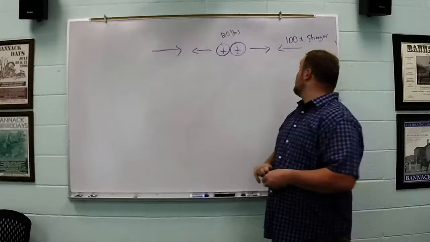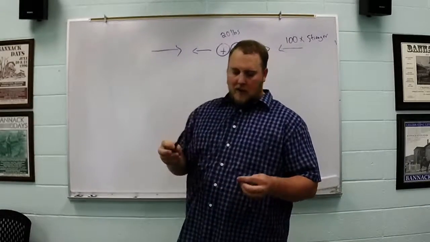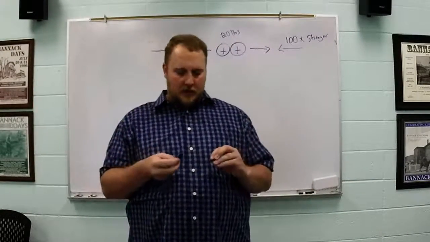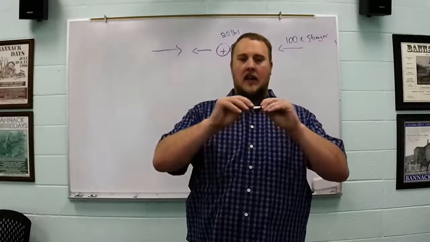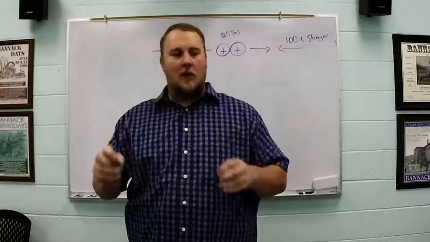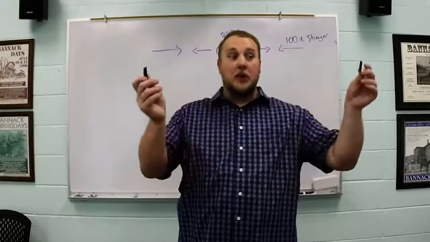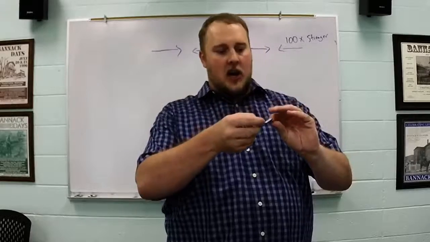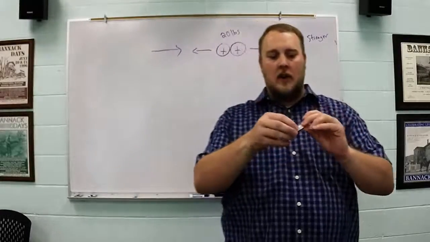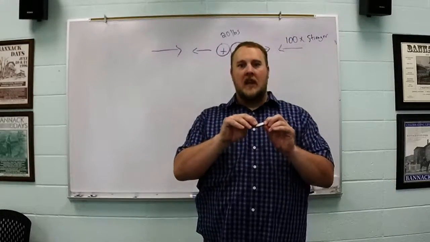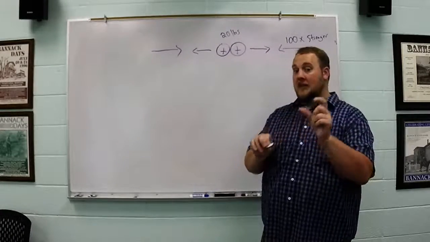Contact force is much like Velcro. We know that Velcro has a force, right? If I stick it together, it's hard to pull apart. However, if I stick it just close to each other, it doesn't pull them together, it doesn't push them apart. It has to be in contact, one with another, for that force to be enacted. And this is a much stronger force, but it has a much shorter range.